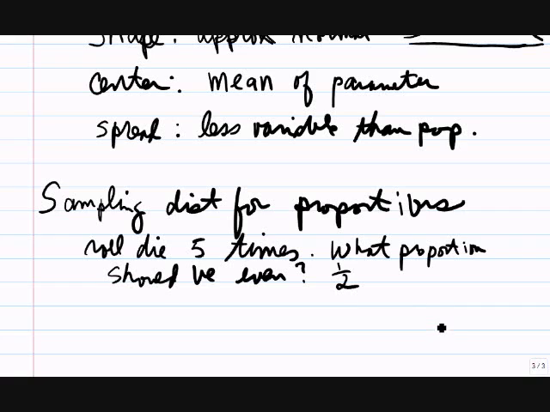The distribution of my population is not going to look like the histogram on the board. The distribution of that population is going to be that 50% of them are even and 50% of them are odd. So that's what my population distribution looks like.